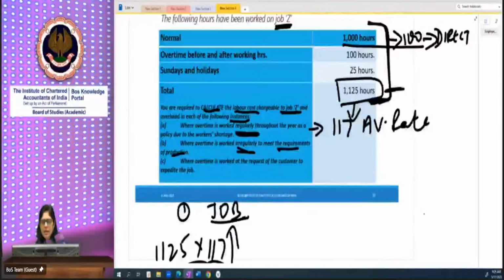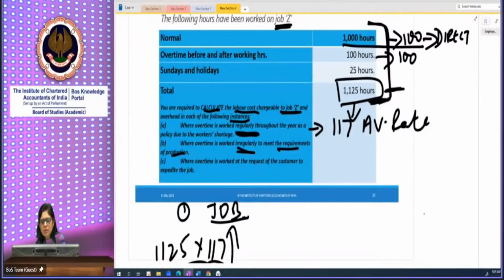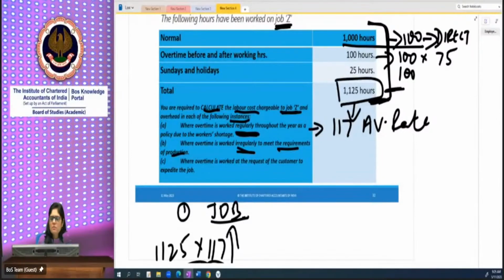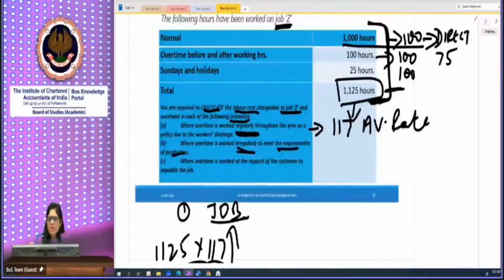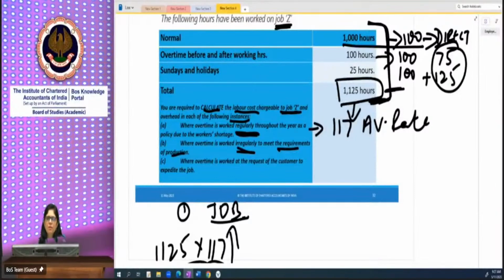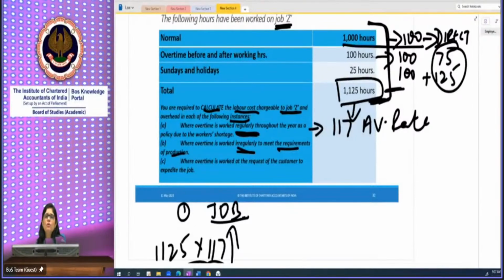Then for 100 hours also, 100 will go to the cost, and overtime is only 75. Here it is 25, and it's not multiply, it's plus: 100 plus 125. So this is overtime. Overtime will go to the production department as an indirect labor cost. Clear? So this is how we do it.